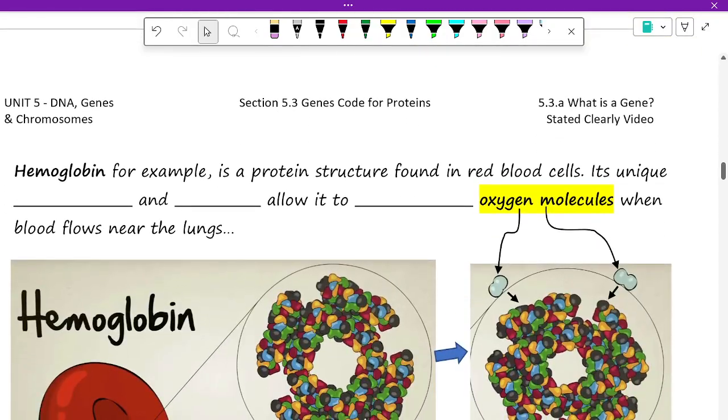Hemoglobin, for example, is a protein structure found in red blood cells. Its unique shape and size allow it to capture oxygen molecules when blood flows near the lungs.